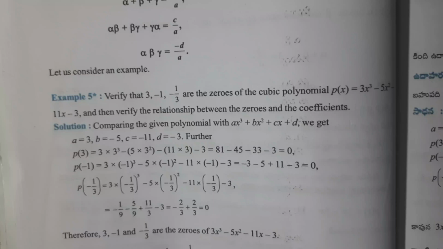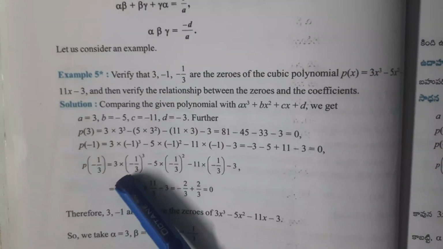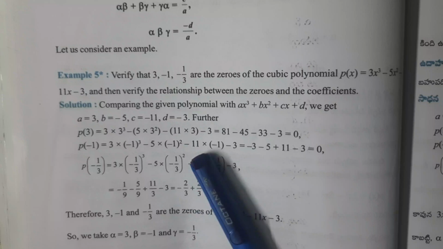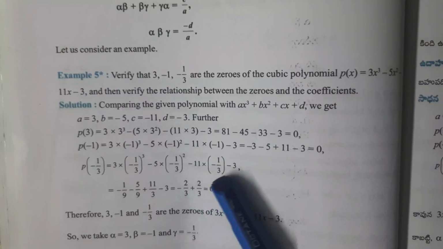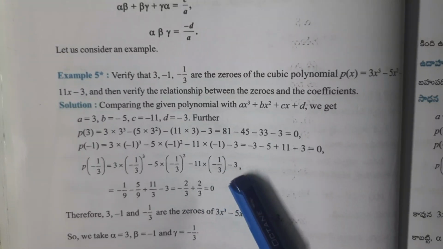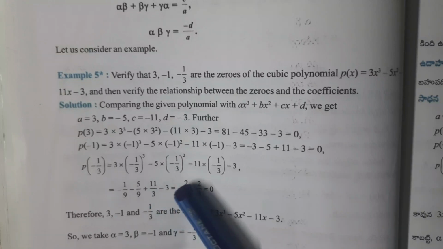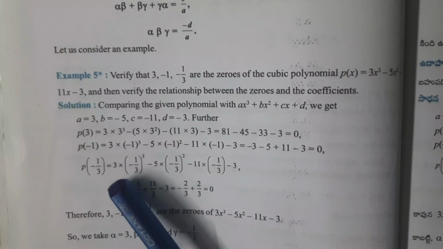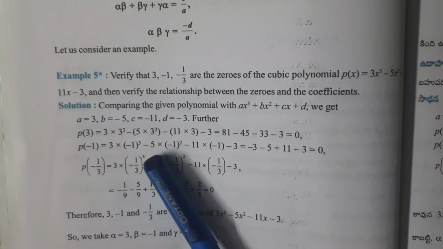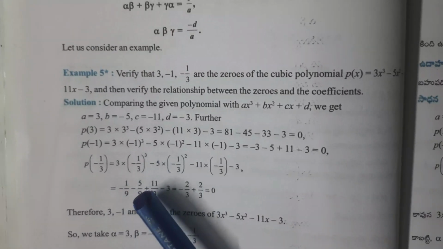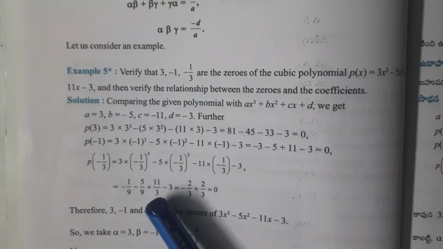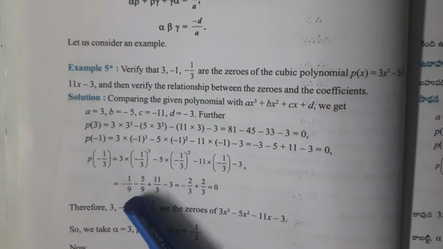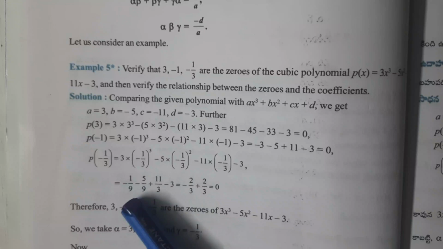Now substituting minus 1 by 3: 3 into minus 1 by 3 whole cube, minus 5 into minus 1 by 3 whole square, minus 11 into minus 1 by 3, minus 3. That means you are replacing the value with the zeros. See, 3 into minus 1 by 3 whole cube means 1 by 27 will come, but with cancellation by 3 this is minus 1 by 9, because 3 9s are 27.